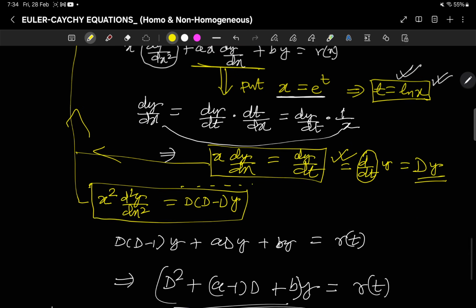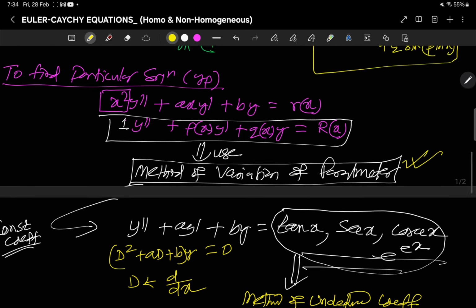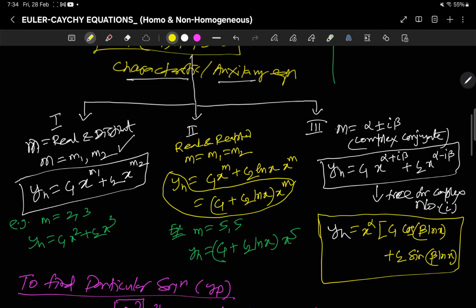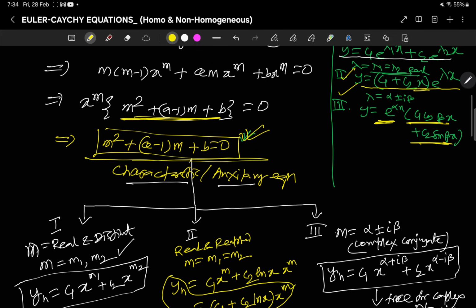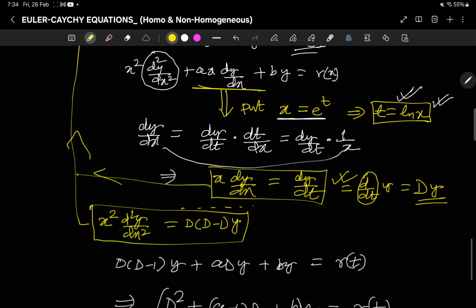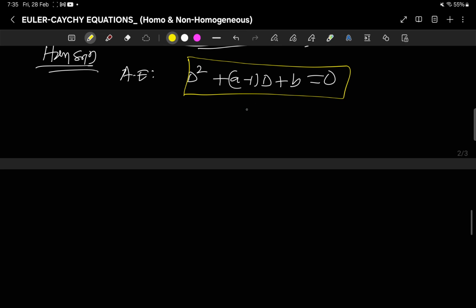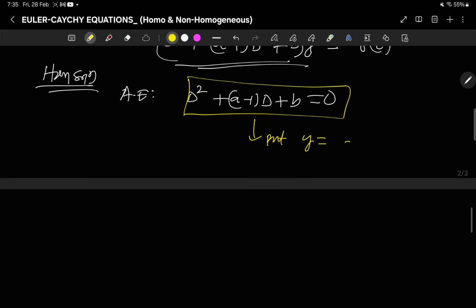Is it not resembling the previous case? It resembles m square plus a minus 1 m plus b is equal to 0. If I again put y is equal to e to the power lambda x, can I not get it in the same way?